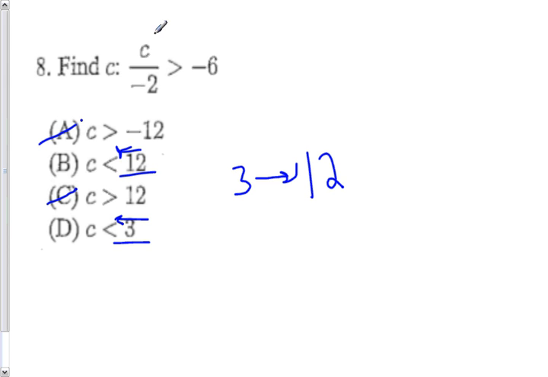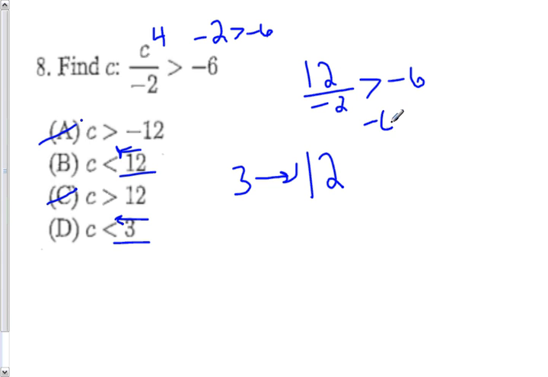So we're going to choose 4. We're going to plug 4 into this, and 4 divided by negative 2 is negative 2, and that is greater than negative 6. And that does satisfy the inequality. If you go all the way up and plug in 12, 12 divided by negative 2 is negative 6, and we need it to be greater than negative 6.